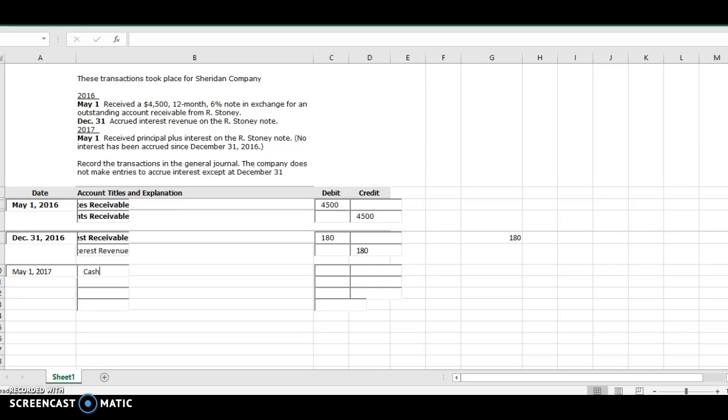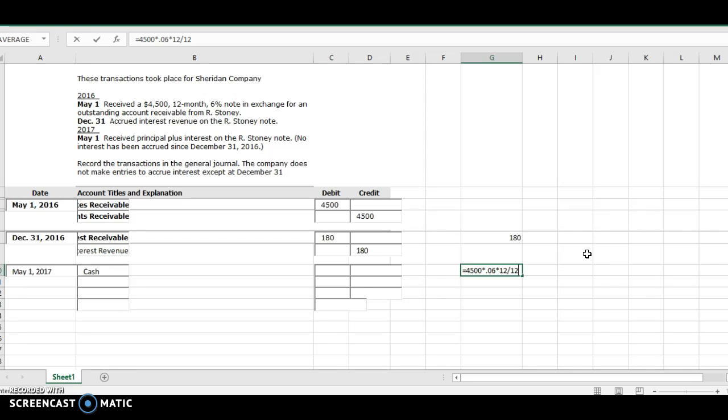So we receive cash and we debit cash for the full amount, which is going to equal the 4,500 times 0.06 for the 6% interest rate times, and it's a 12-month note, so times 1 year, or 12 out of 12, and we want to represent that whole year, times 1.